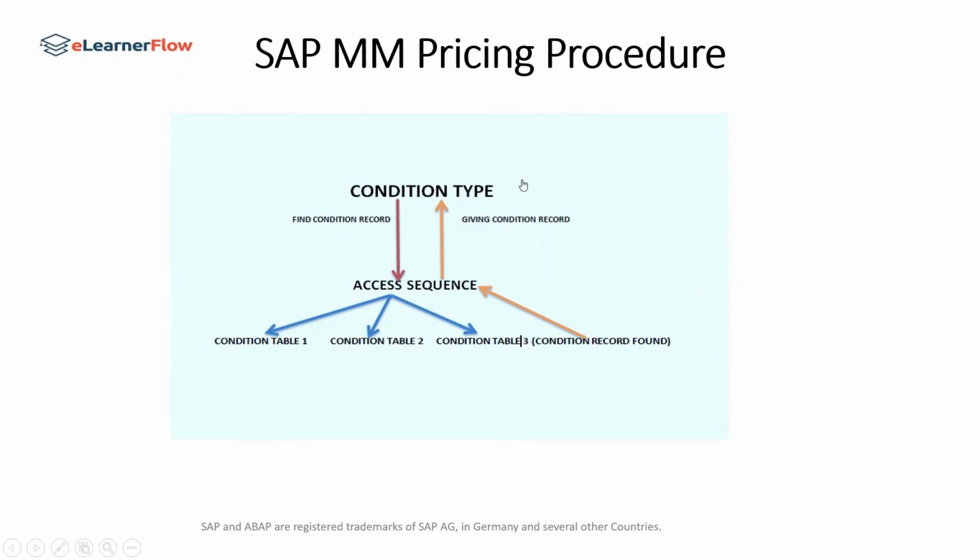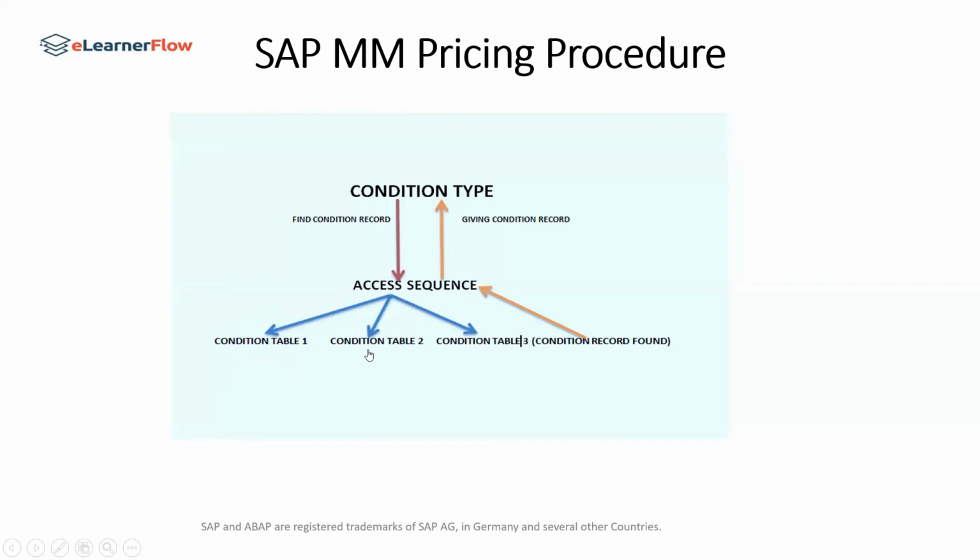So if you look at this slide, you have the condition type. The condition type then finds the access sequence, and based on the access sequence, it goes and searches the relevant condition table. The moment it finds the condition record in the value, then the system automatically sends that value back to the condition type. Suppose if it doesn't find the value when it searches in the condition table 1, then it moves to the next condition table.